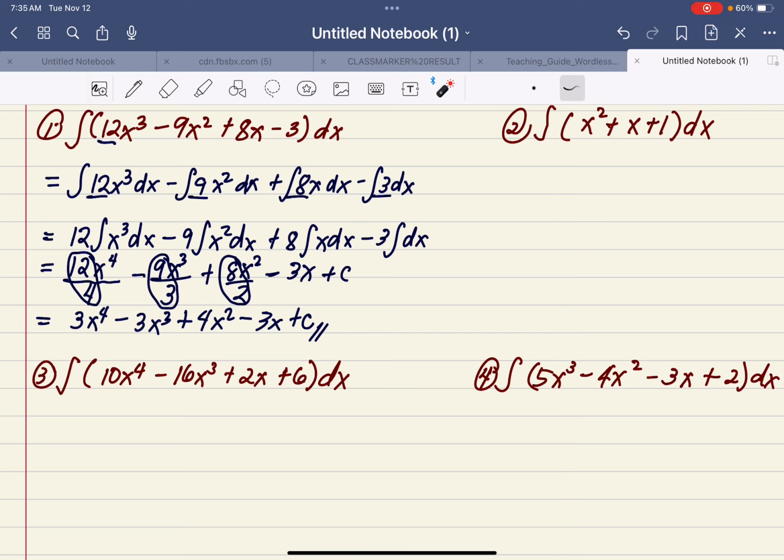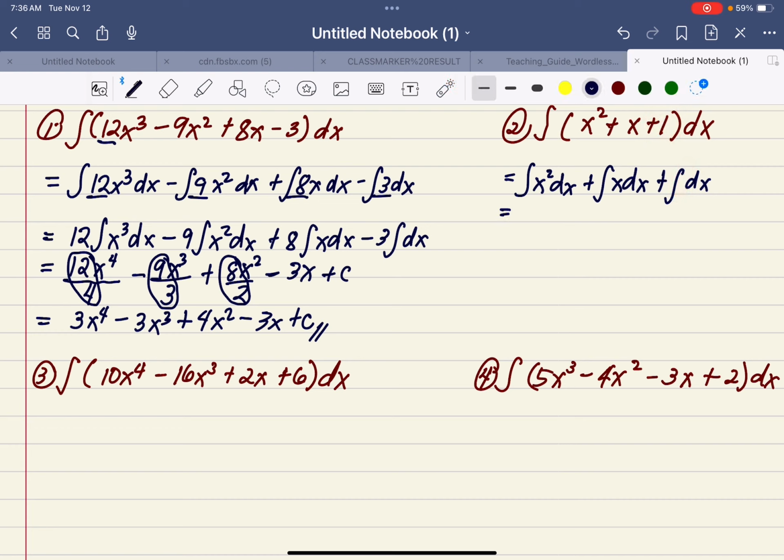Next, number 2. Find the antiderivative of x squared plus x plus 1 with respect to x. Let's distribute the antiderivative symbol. So the expression will become the antiderivative of x squared with respect to x plus the antiderivative of x with respect to x plus the antiderivative of 1 with respect to x. So 1 will become invisible here. Then simplify.